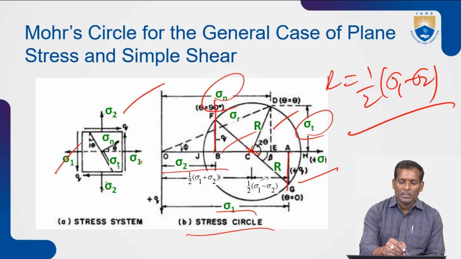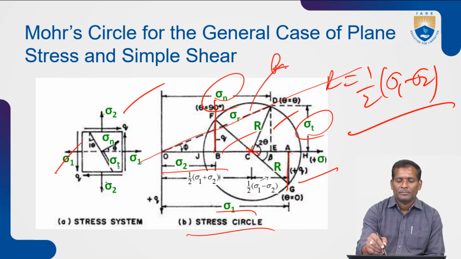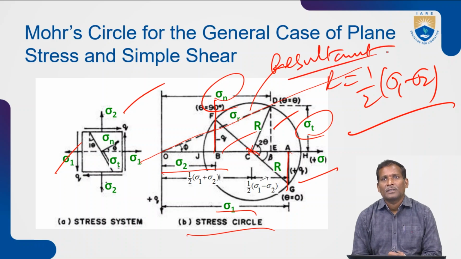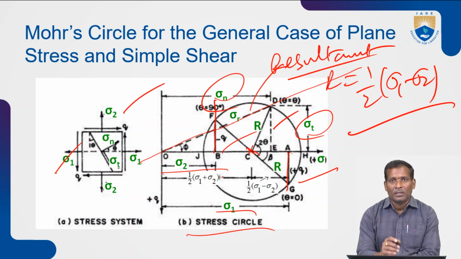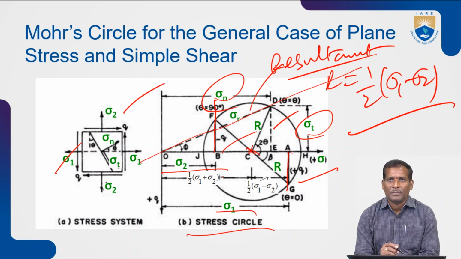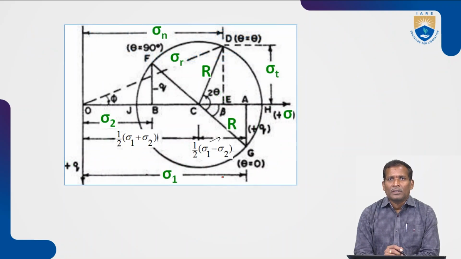This dotted line represents the resultant stress. The resultant stress, the maximum stress and the minimum stress. Here in this diagram shown the empirical relations. So this is a detailed diagram shown.